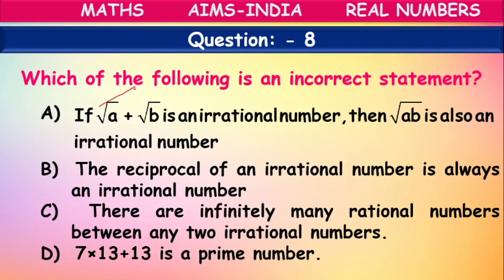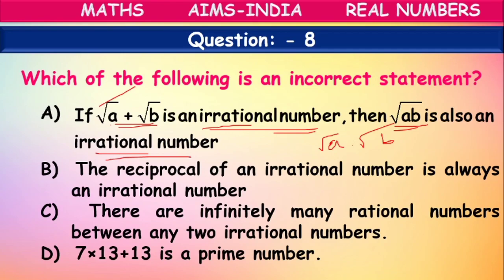So here, root A is an irrational number, root A plus root B is an irrational number, and root AB, meaning root of A into root of B, is also an irrational number. They are telling it is also an irrational number.